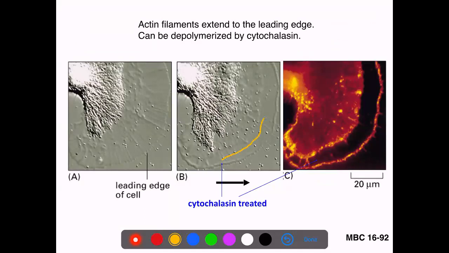You don't see it, just flat, smooth staining over here. So if you stain with actin, really, the actin in here has disappeared. So those lamellipodia are composed of the actin.